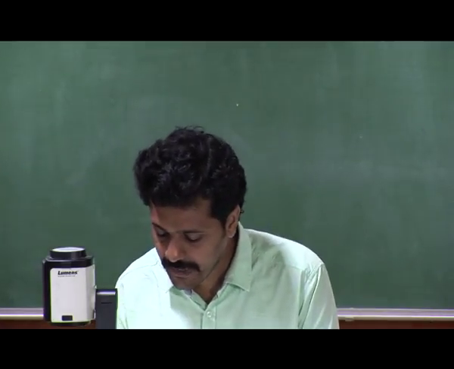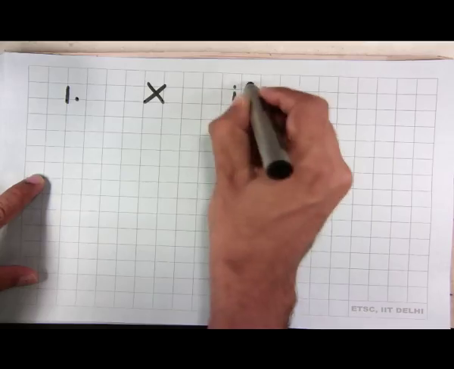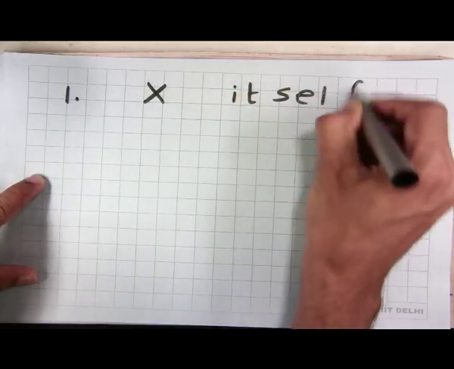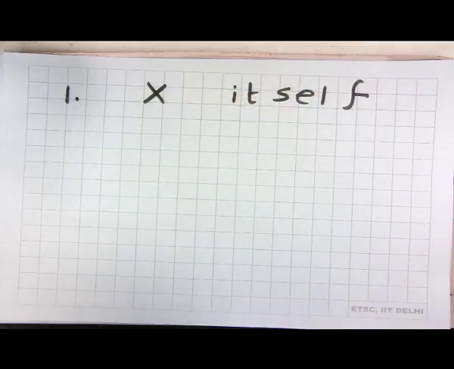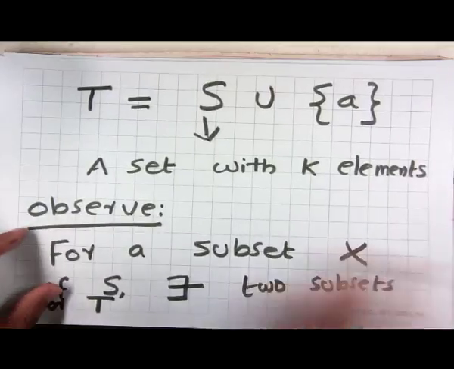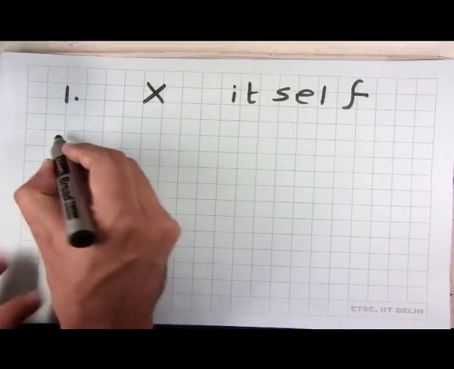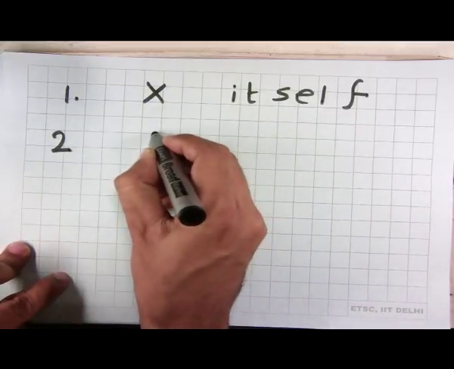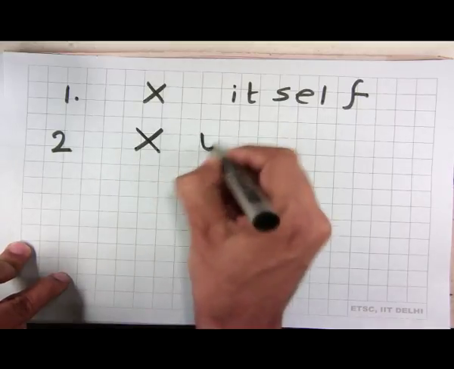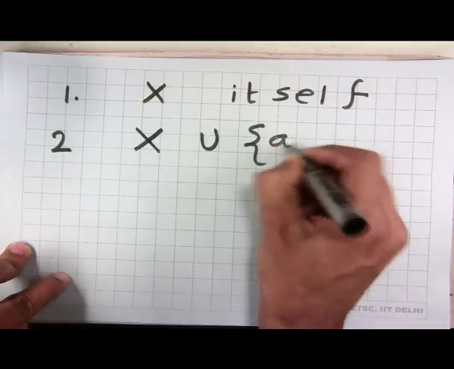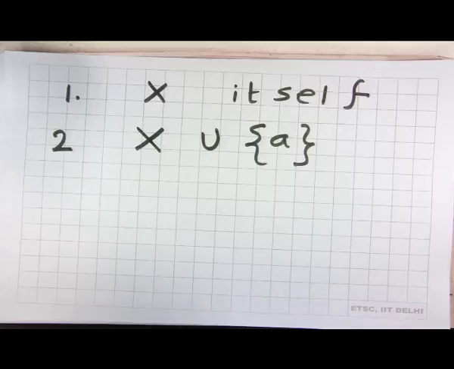One, X itself. Any subset of S is a subset of T, because T equals S union A. Now, along with subset X of S, if you augment A, then you will get another subset of T.